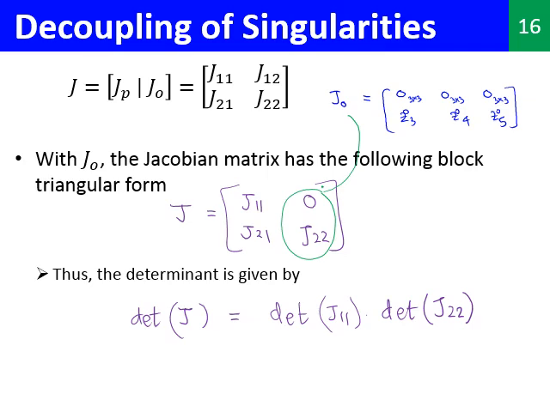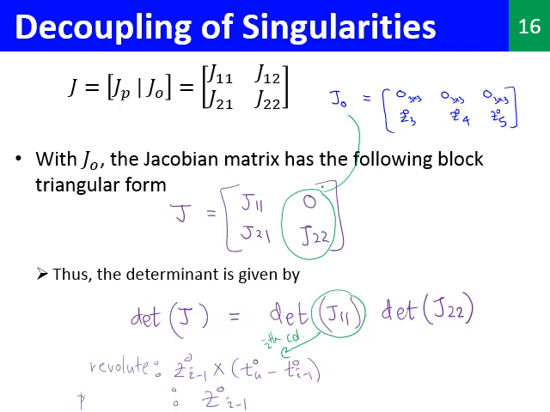And we already know that J11 has its ith column as z_{i-1} cross (o_n minus o_{i-1}) if the joint is revolute, and it would have z_{i-1} if the joint is prismatic.